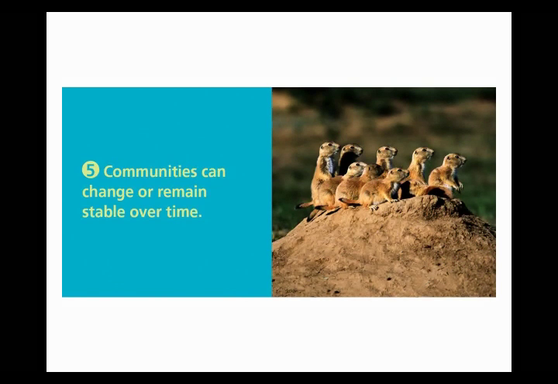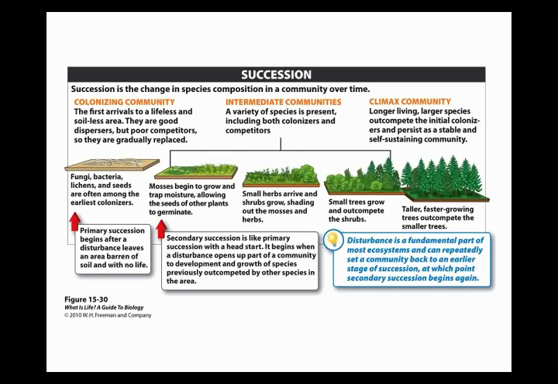So then getting to the end of the chapter, we've looked at ecosystems and populations and individual species. Now we get to communities, which can change or which can remain stable over time. We see in this something called succession.